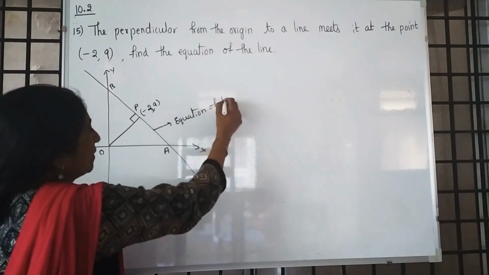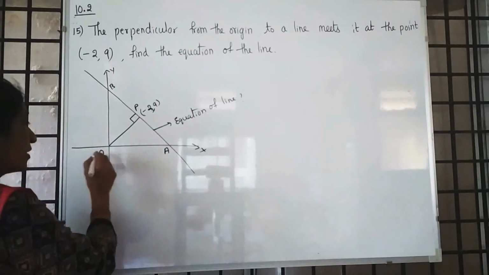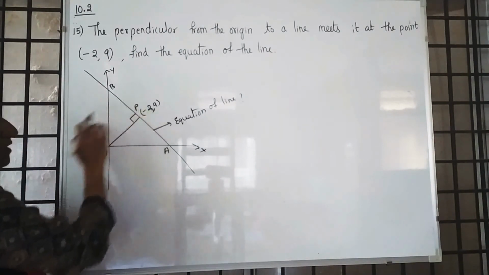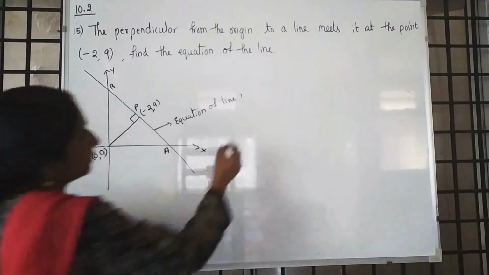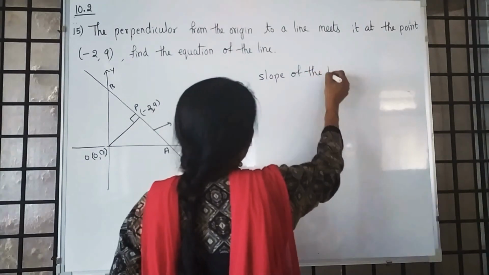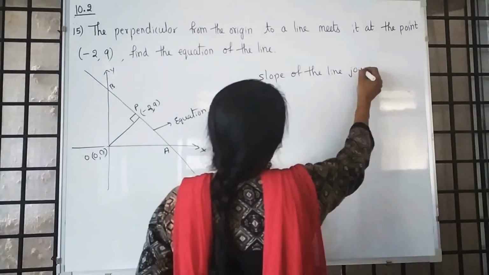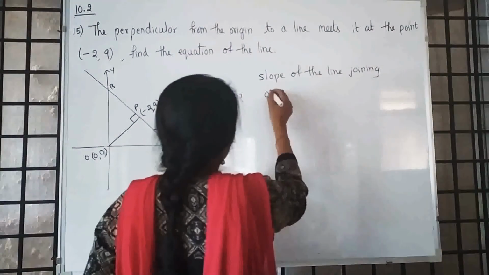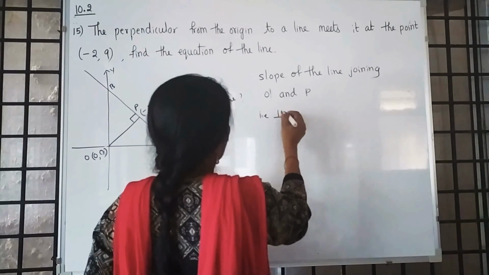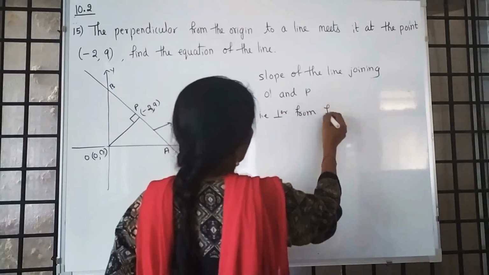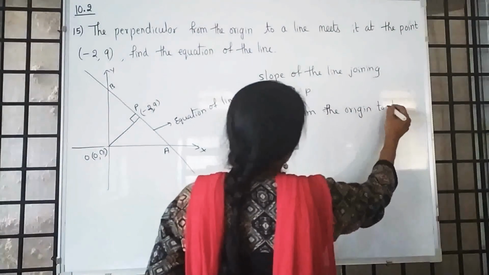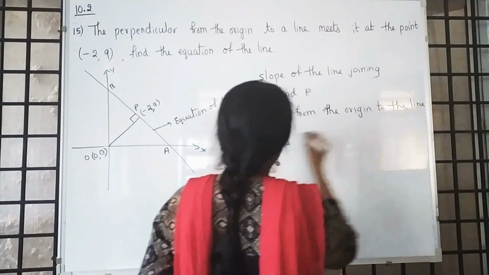Equation of line. This is question 1. So, this is the origin. That is, origin value is 0, 0. Can you write the slope of OP? Slope of the line joining O and P, that is the perpendicular from the origin to the line AB.